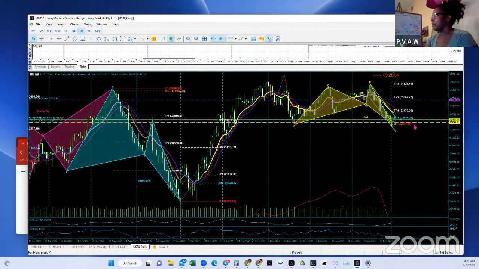And basically the entry is 32830, which is still the demand area where my two entries are basically a demand area.